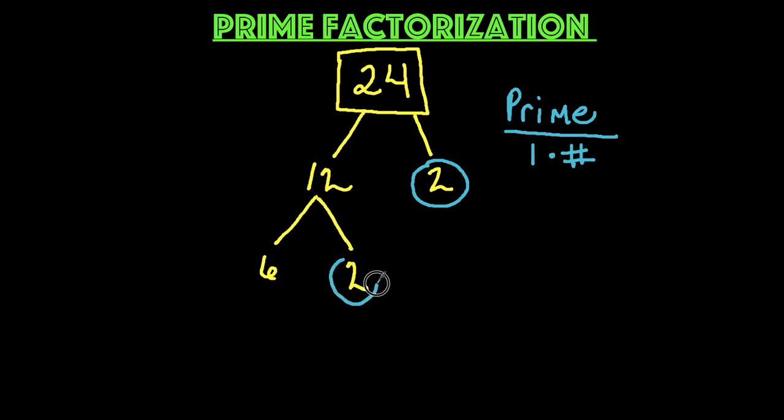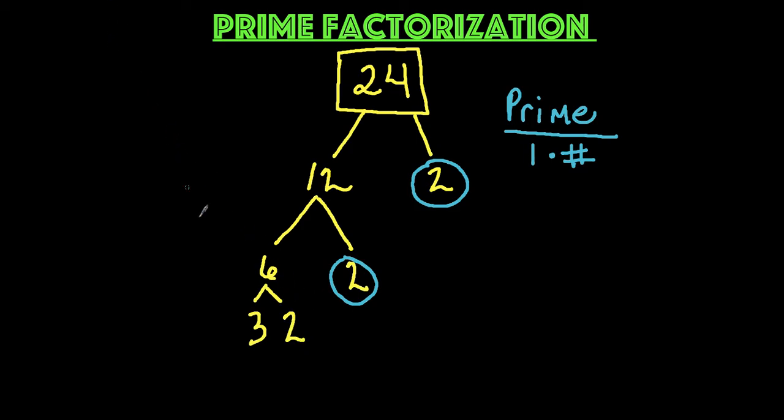Hey, check that out, we have 2 2's, prime number. But what about the number 6? 6 is not prime. What are 2 factors that we can multiply that will give us the product of 6? We can do 3 and 2.